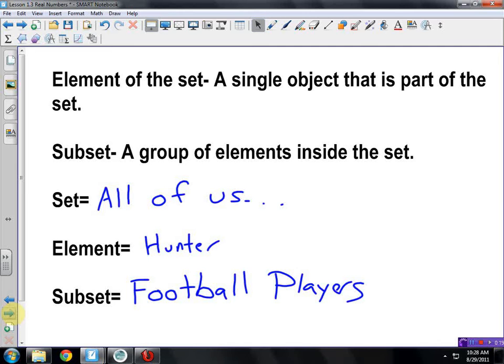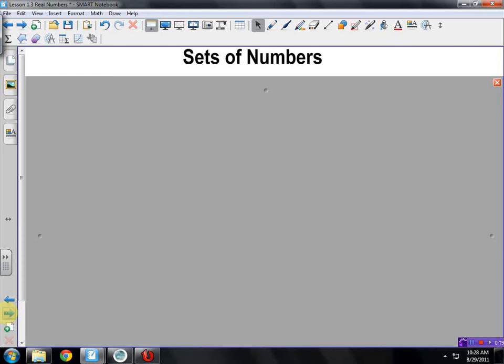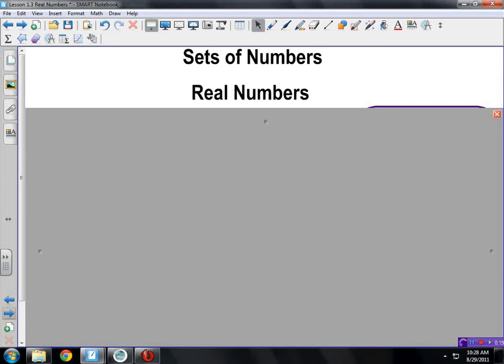Now, after all this talk about sets, we are going to start talking about sets of numbers. And specifically, we're going to talk about the sets of numbers dealing with a thing called real numbers. Okay? Real numbers. Now, some of you might say, aren't all numbers real? You don't think so? Have you guys learned of any numbers that aren't real?